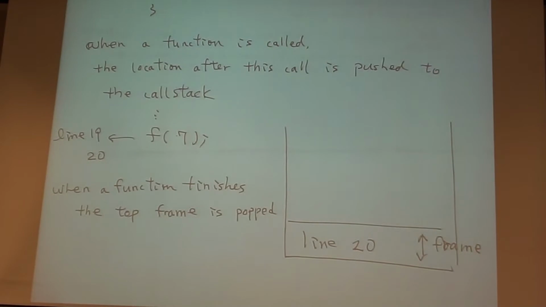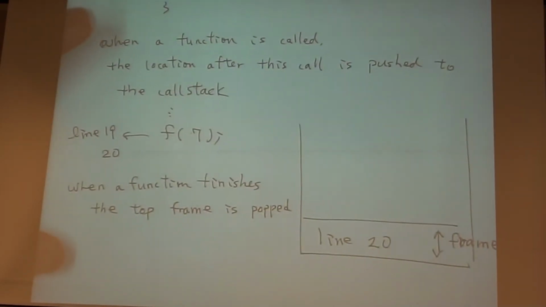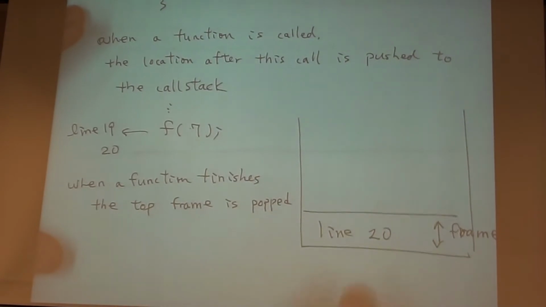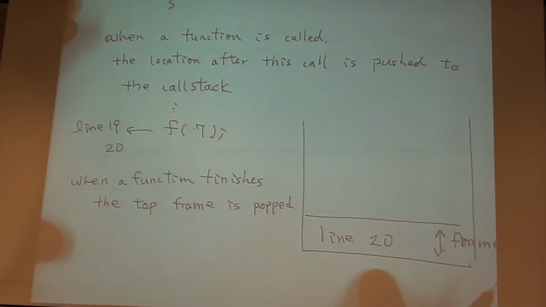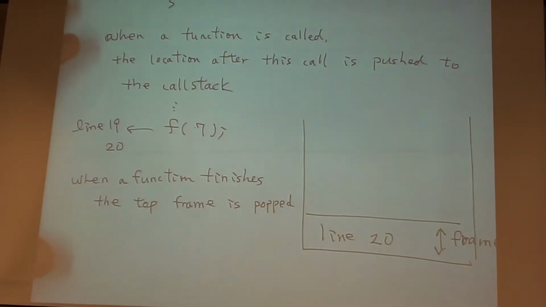So that's the first part of the frame. This always happens. Every time you call a function, your frame always has at least a location for the program to continue. Now the following things depend on whether the function has additional things.